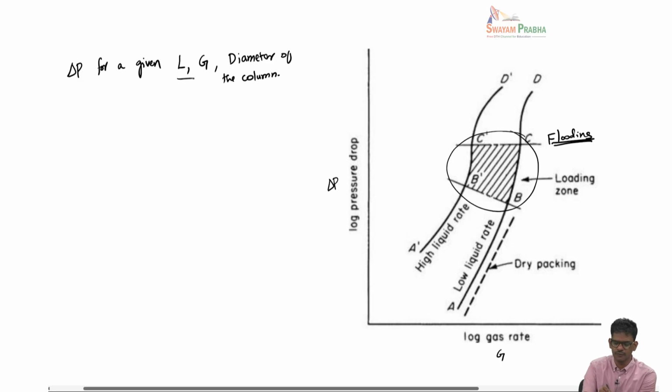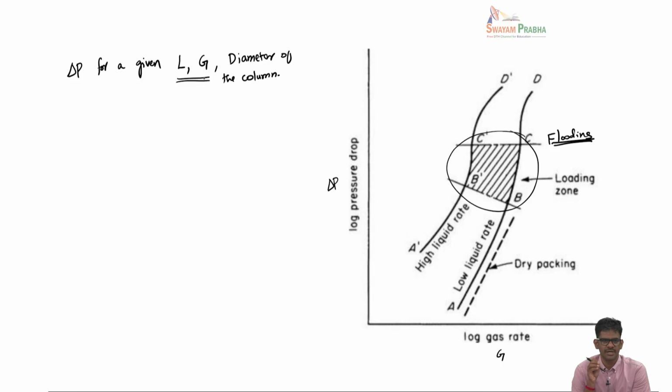Now, generally these flow rates are specified based on the process requirement. Recall that this mass transfer operating equipment will be working along with the rest of the other process equipment such as reactors and other mass transfer equipment. So, the flow rates are pretty much specified by the design.